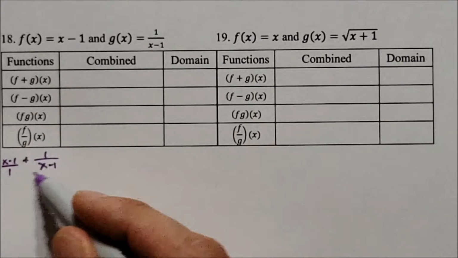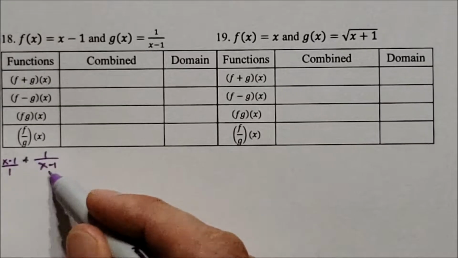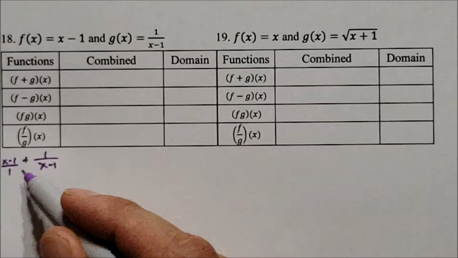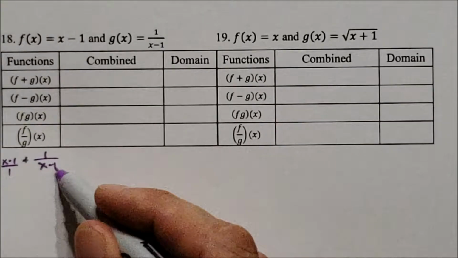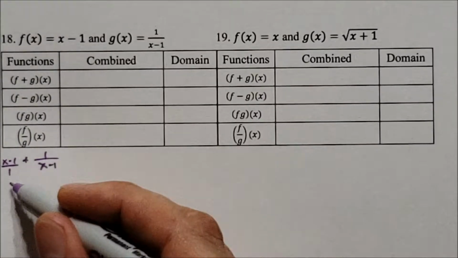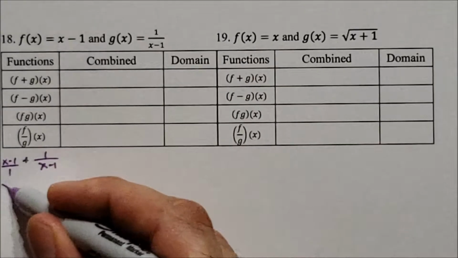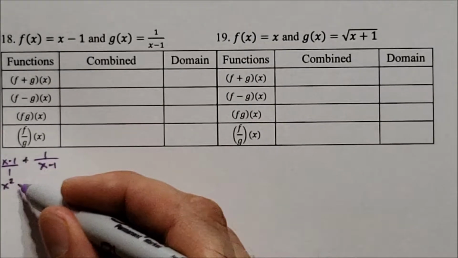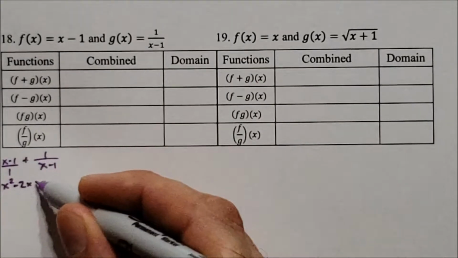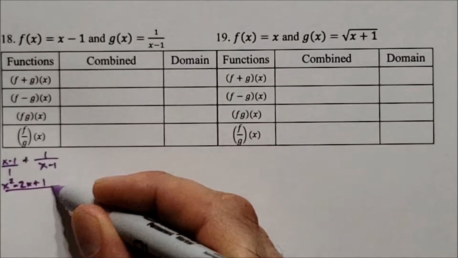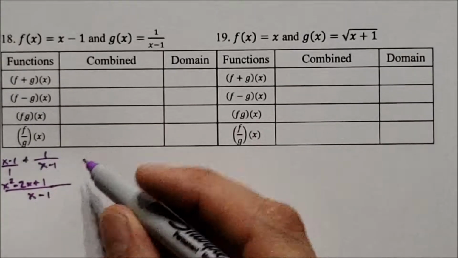To have a common denominator of 1 and any other number, we've got to multiply that 1 by whatever that denominator is. So this is an x minus 1 on both top and bottom, which gives us, I'm going to save the algebra, x squared minus 2x plus 1 all over x minus 1.